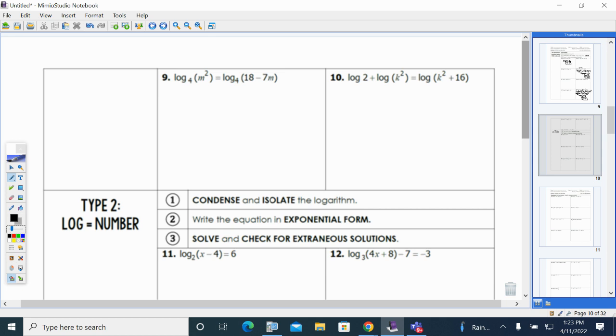So for this one, we need to condense the left side through multiplication. So we just need to multiply the 2 times the k squared to condense. And then we're going to get rid of the logs. And 2k squared is equal to, sorry, k squared plus 16.